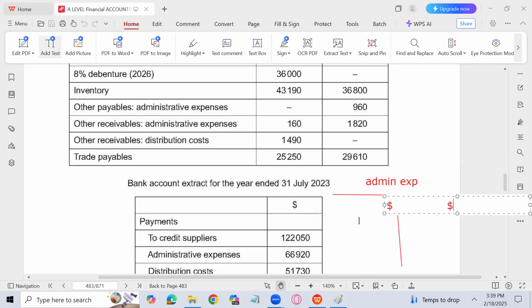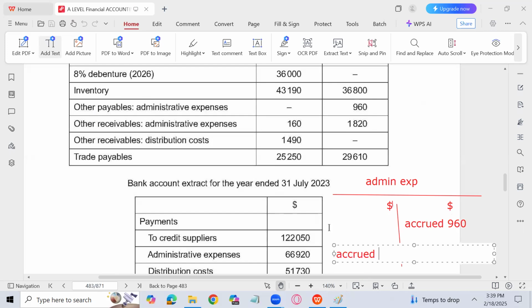That's why. So if we talk about the admin expenses, the payable admin expenses at the start are going to be 960. So there comes accrued brought down, payable brought down, that is 960. Accrued carried down is not given in the question.